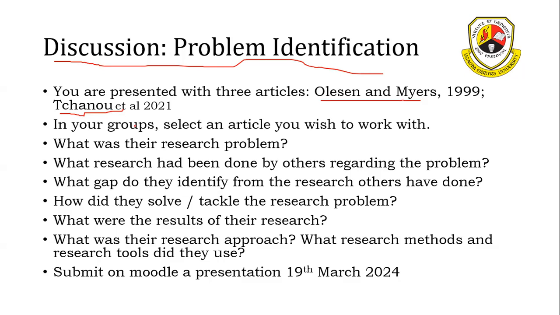What research has been done by others regarding this problem? What gaps do they identify? How did they tackle their research problem? What were the results? What was the research approach? What were the methods and tools used? You're going to make a presentation and submit it.